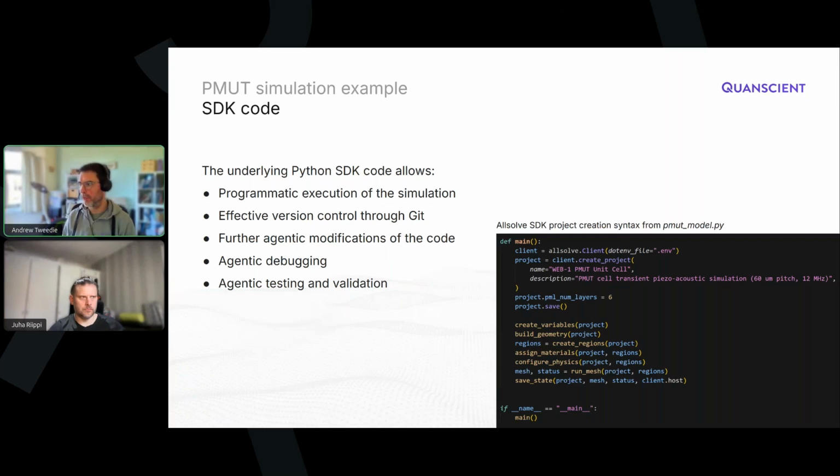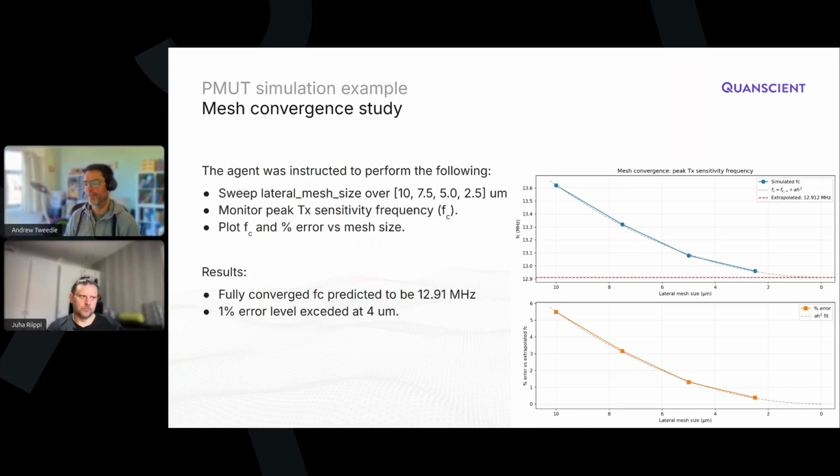This is something that in day-to-day engineering life we don't always have time for, but being able to say, here is my project, please go off while I'm in this next meeting and build me test cases covering these areas, is, we found, a very powerful use case for it.